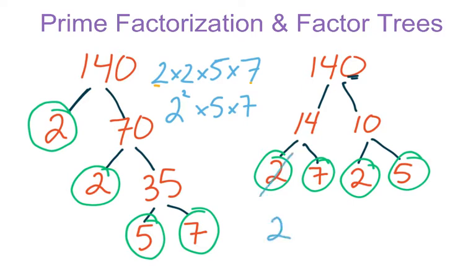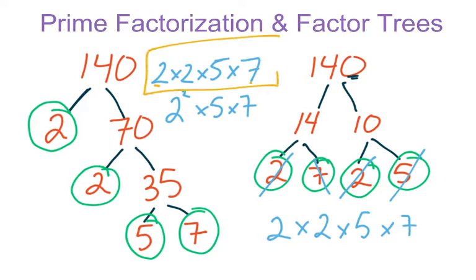I have 2 times 2 times 5 times 7, which is the same thing that I got with my other factor tree. So no matter how you choose to start your factor tree and break it down, you should arrive at the same final answer. Oops, that's not supposed to be a 3. 2 to the power of 2 times 5 times 7.